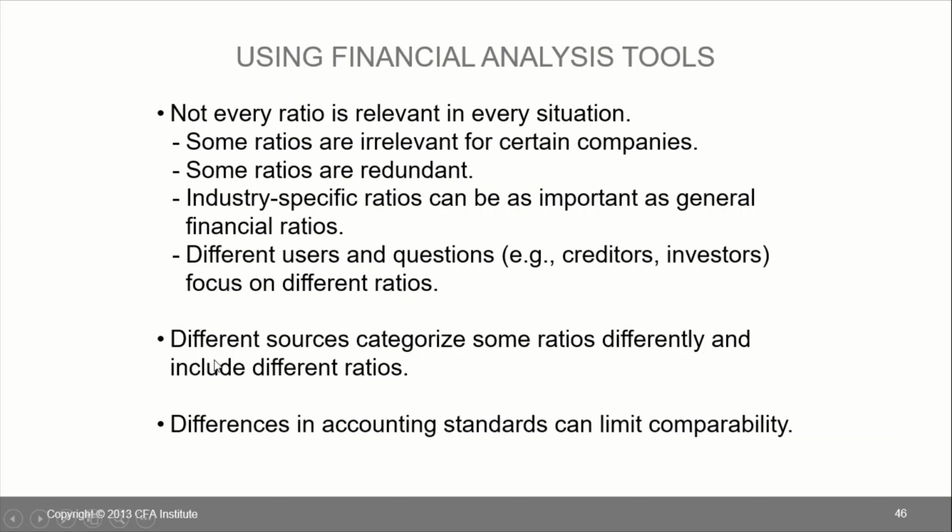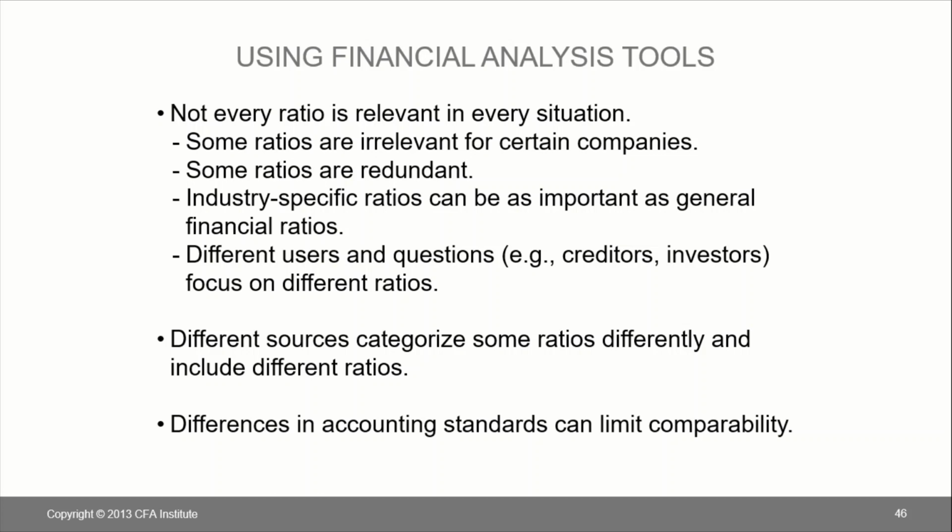Okay, and different sources categorize some ratios differently and include different ratios. And differences in accounting standards also can limit comparability. Especially when we are comparing different countries, with more complex international or global firms, the accounting standards differ.